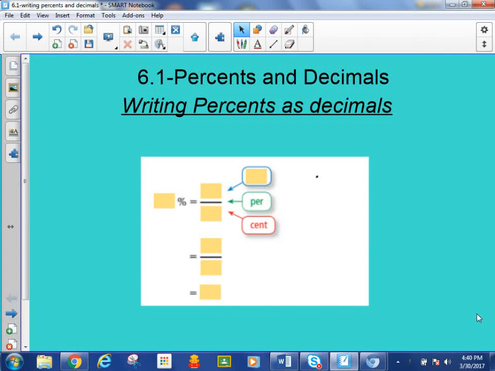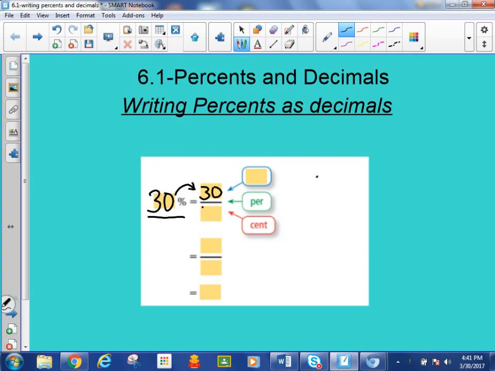Percents and decimals, and today we are writing percents as decimals. So you can see that we have a given percent, and then we can write that as a fraction. For example, if we had 30%, we take that top number and put 30 over 100.